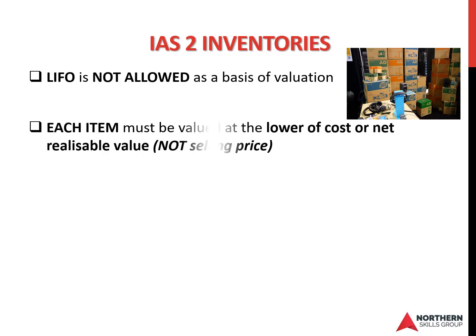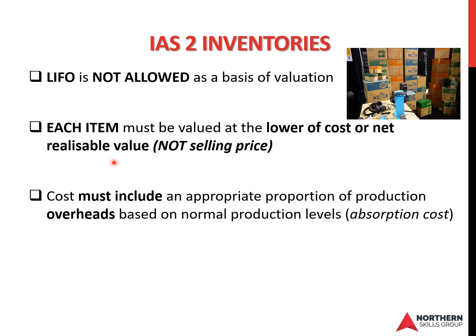But last in first out is not allowed, and each item in stock must be valued at the lower of cost or net realizable value. And remember, we're not comparing cost and selling price here, we're comparing cost and net realizable value. And that comparison must be carried out for each item of stock, not the total stock value.